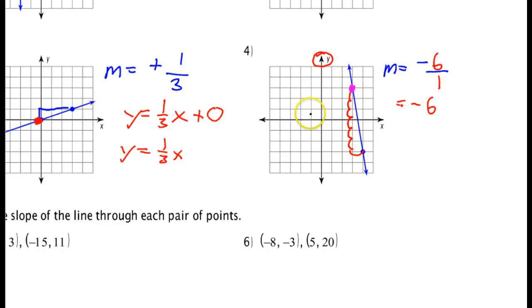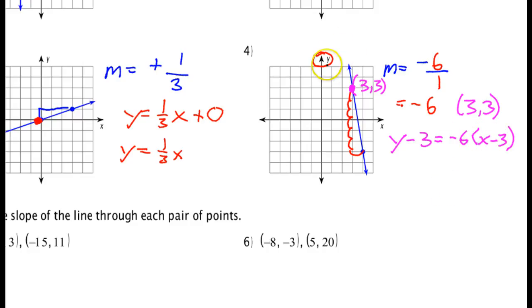What is this point? 1, 2, 3, was that 3? 3, 3, is that what that is right there? Yes or no? Yeah. That's 3, 3? Okay. So if you can't see the y-intercept, well, we do have a point. You can use point slope. Y minus 3 equals negative 6, x minus 3.